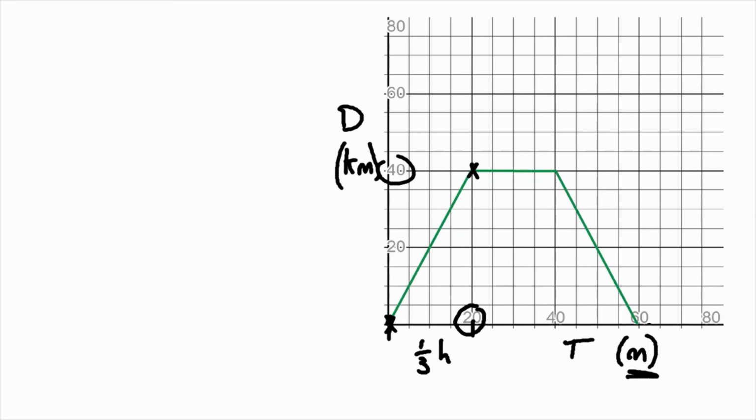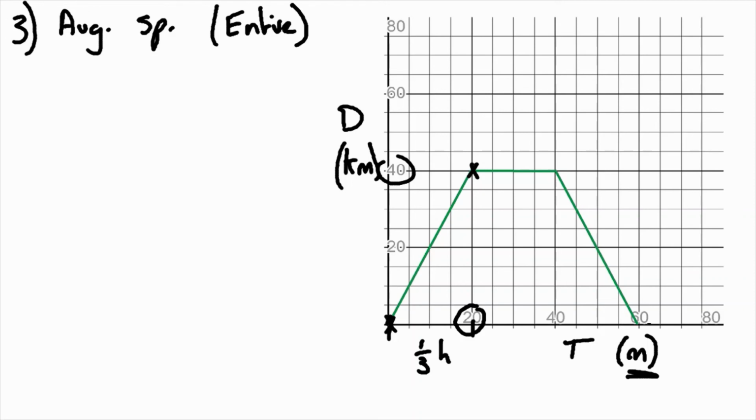Now the final example is the average speed for the entire journey. As we said before, the total distance was 80 kilometres.